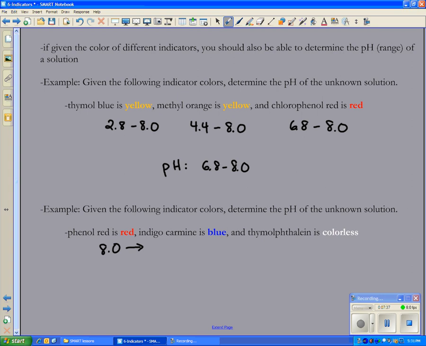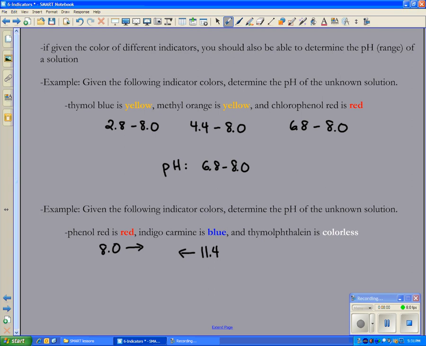Indigo carmine is blue. So when you find indigo carmine and look for the blue color, that's the lower color on the table. So that means that it must be 11.4, the lower limit, and below. So at this point, we know that we're between 8.0 and 11.4.